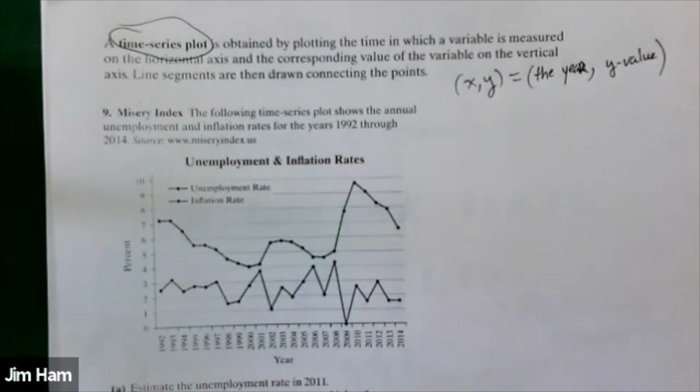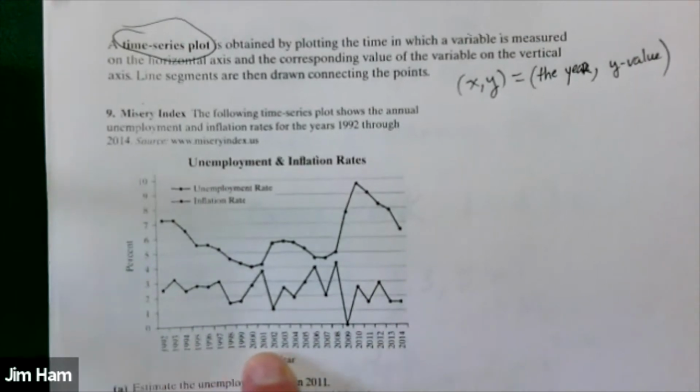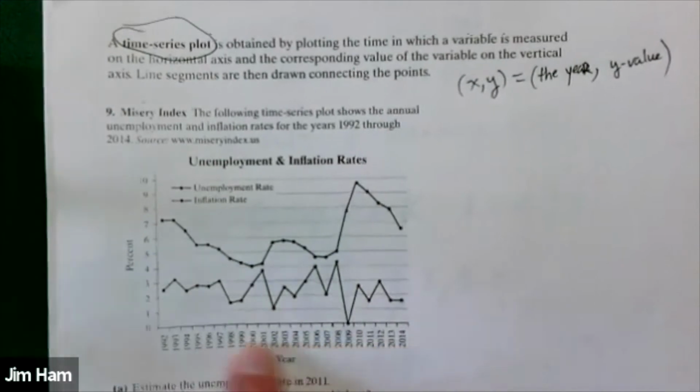It really depends upon the graph and what they're plotting. It could be population, it could be percent, it could be frequency, it could be a lot of different possible values. But what's key here is that the x-axis variable will be a year. So you'll see the years down here.